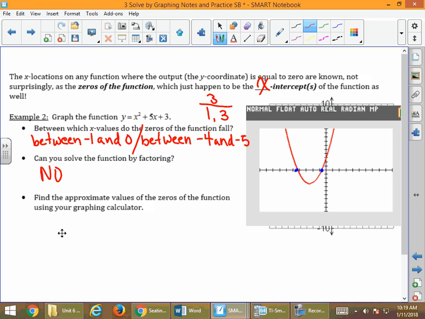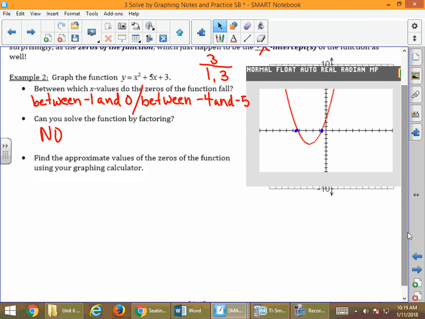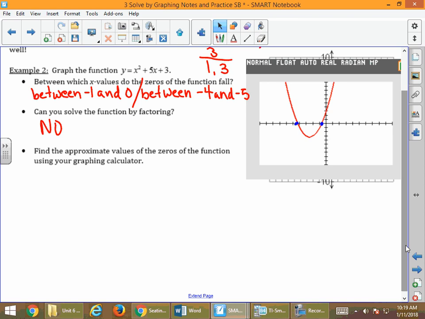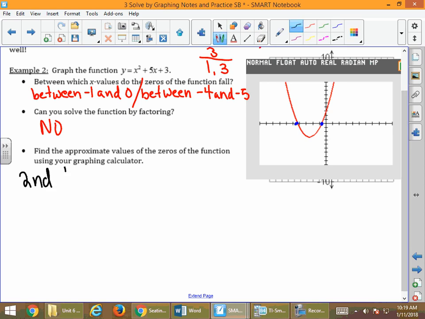And now what we want to do is find the approximate values of the zeros. And this is really where the calculator comes into play. We're going to go to our calculator screen here, go to second and trace. That second trace is going to get us to the calculate menu on our calculator.